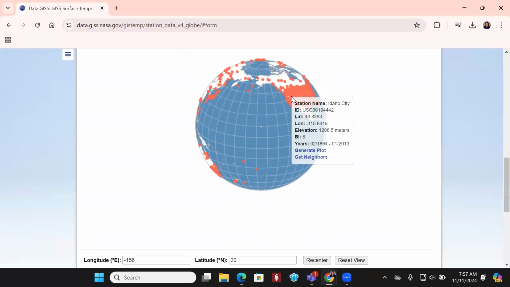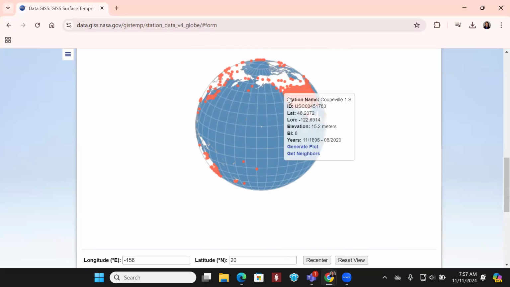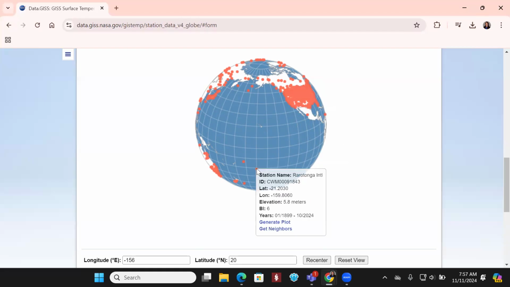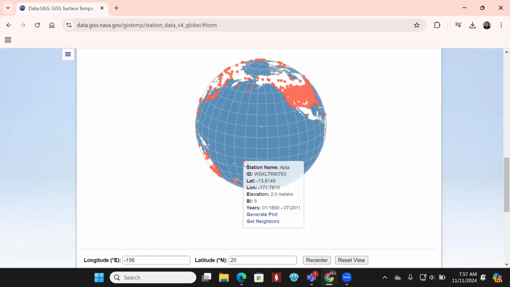Hawaii doesn't have a station. You're failing my class. I already am. It's not the end yet. Okay, so we don't have a place here. The nearest station would be this guy, right? That one? Yeah. Okay, so we're gonna click this one and we're gonna click generate plot.